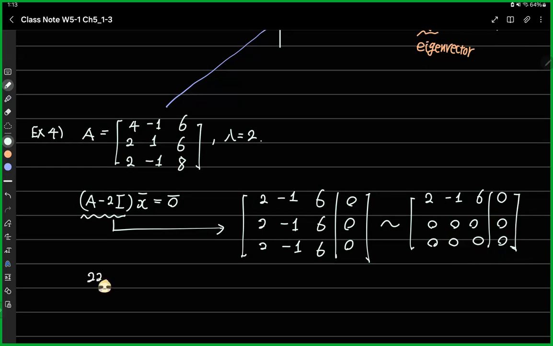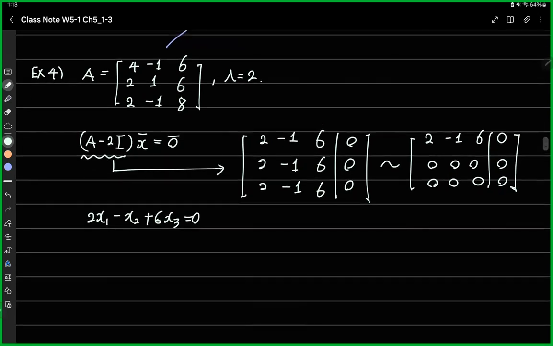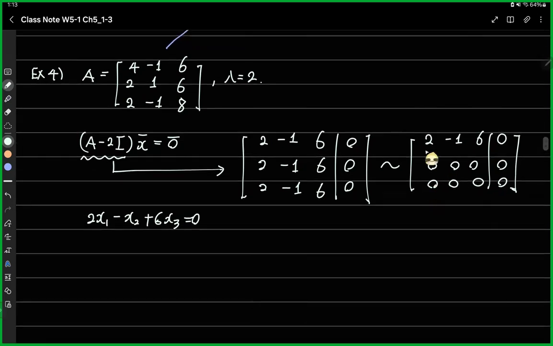So what does that mean? That means 2x1 minus x2 plus 6x3 equals 0, right? Which one is the basic variable among the three? That's the basic variable, and these two columns are free, right? So we express x1 in terms of x2 and x3.